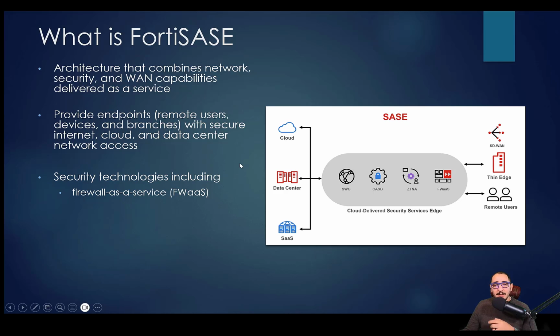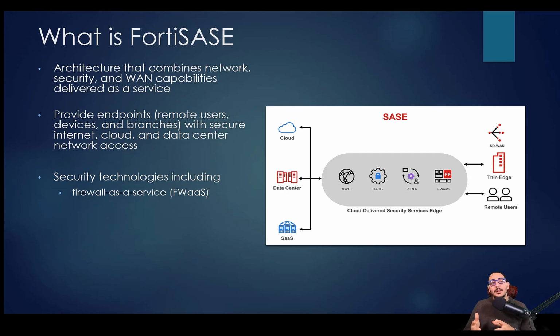Now, the SASE has multiple security technologies involved in it. It has firewall as a service, so you can think about it as a FortiGate next generation firewall running in the cloud as a service. The great thing about this is that the SASE has the same operating system as FortiOS.